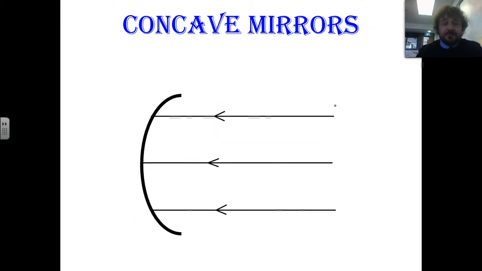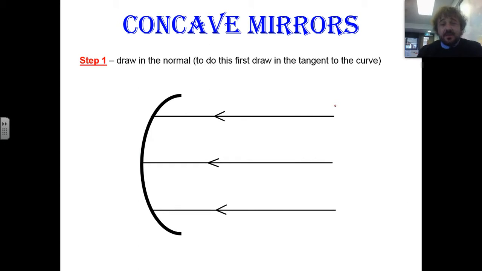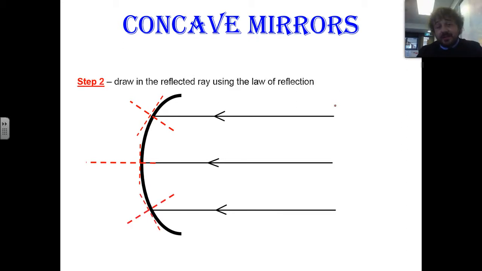Okay? Concave mirrors, basically, this is how to draw them. So we draw the normal off there by making the tangent, and you can predict where they're going to bend. Then we draw in the reflected rays, and that should be roughly the same.